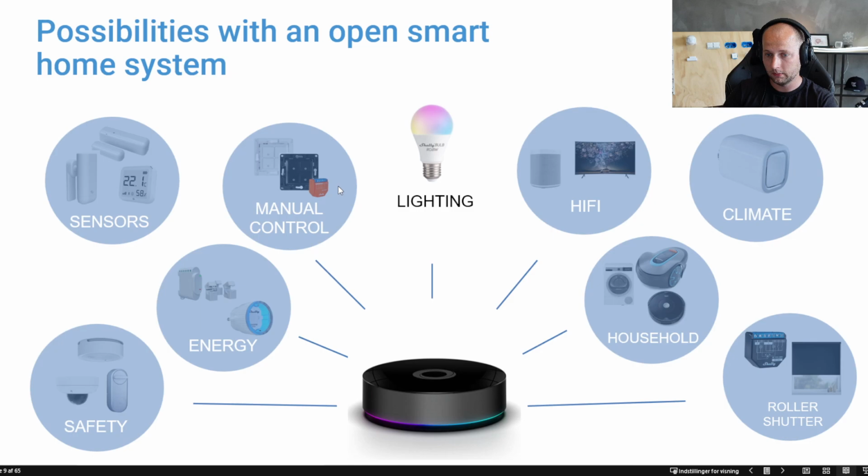So, for example, if you have an office and you get some kids and need to change the office to a kids room, then you might want to change the functionality of the wall switches so you can have different behavior of the room. Energy metering, monitoring, some safety solutions, security solutions is probably a better word, and some sensors.